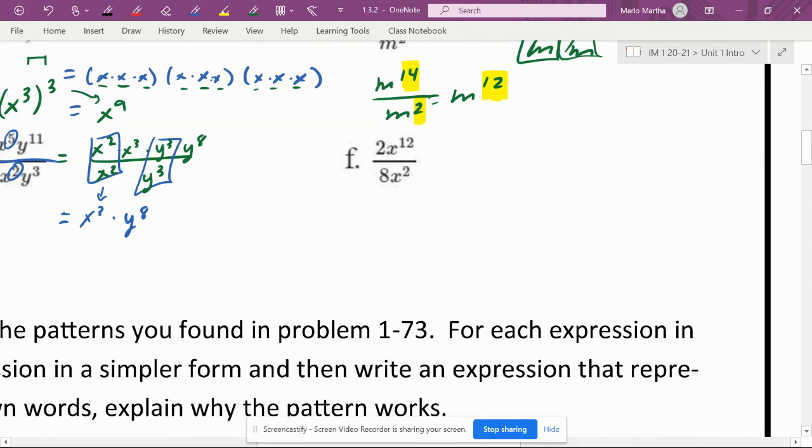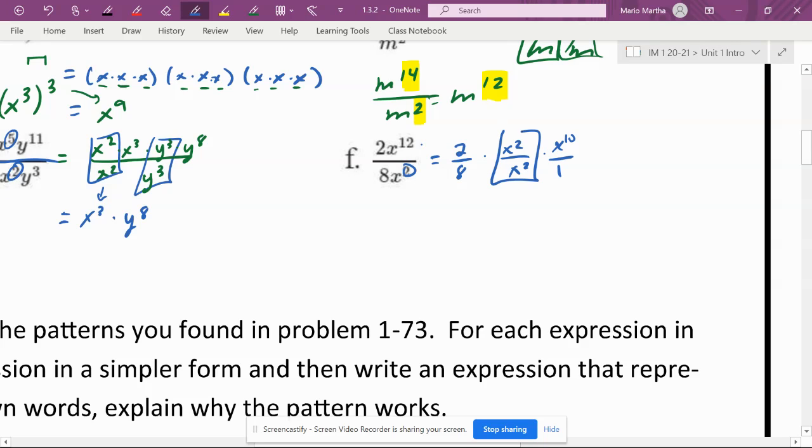And then on problem F, we're looking at 2 times x to the 12 over 8 times x squared. So first you want to make sure that, again, you simplify the 2 over 8, and then you're going to need 2 from the top one. So that's going to be x squared over x squared times x to the 10th over 1.